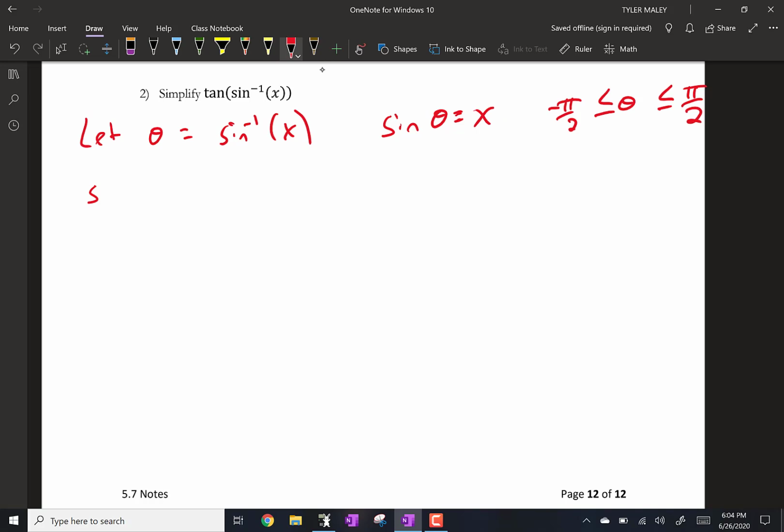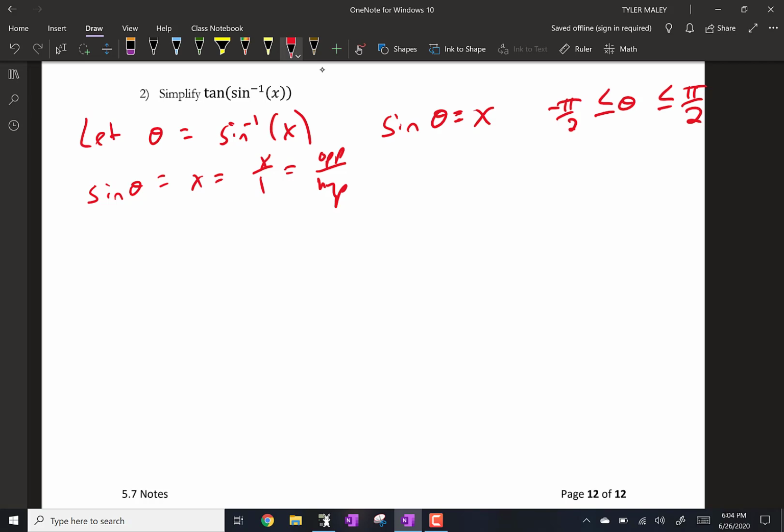Right? So sine of theta is equal to x, which is equal to x over 1, if I want to write it kind of like a fraction, which is equal to the opposite over the hypotenuse. So whether x is positive or negative is going to have an influence here.